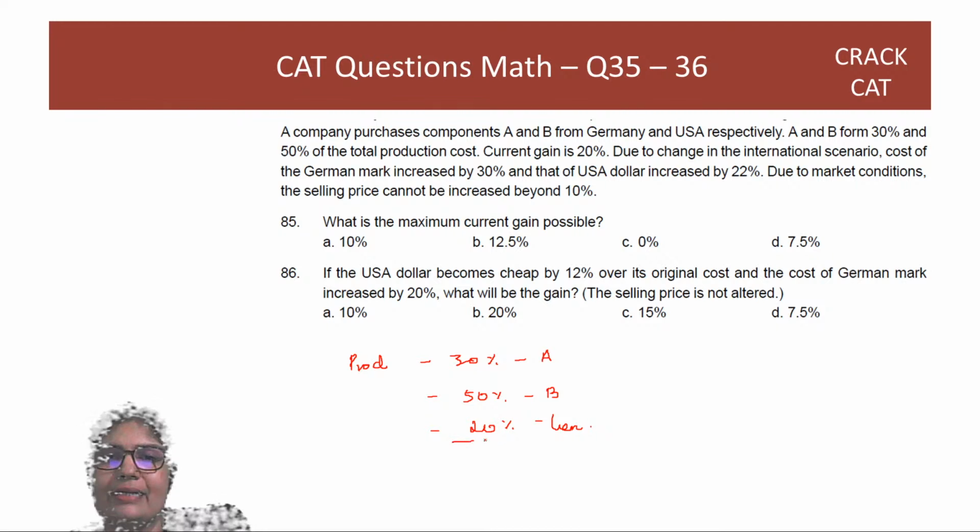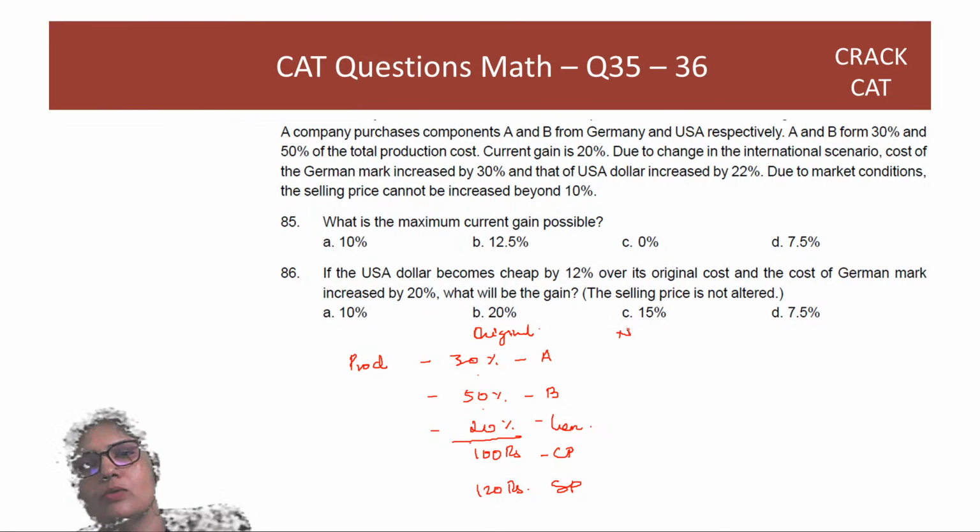So your total, let us say, is 100 rupees. 30 rupees here, 50 rupees here, 20 rupees here. Your current gain, so this is the cost price. Your current gain is 20%, so selling price is 120 rupees. Okay, this is the original scenario.